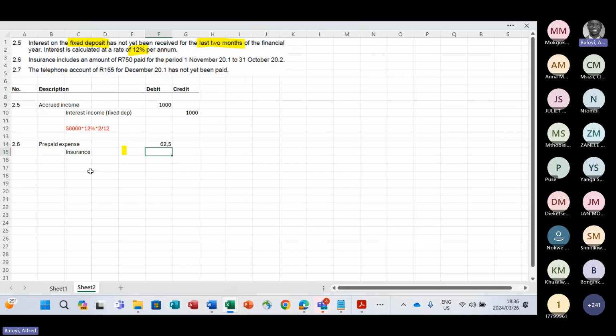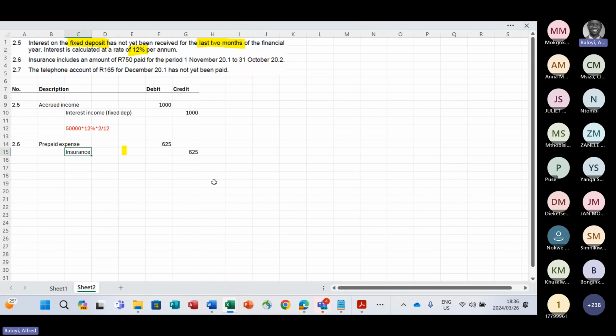It will be 62.5. However, the 62.5, which is relating to the year, would be only for November and December. However, the 10 remaining months are for the following financial year, right? And then it must be removed from the insurance amount.